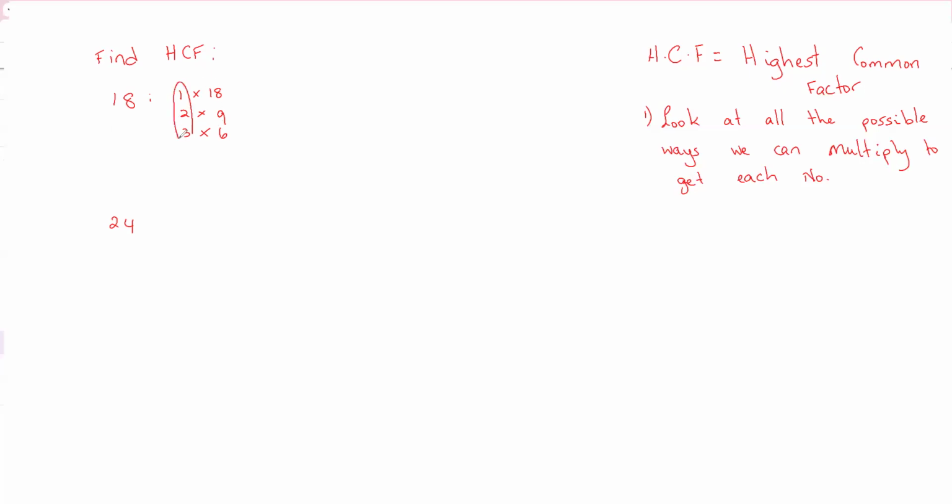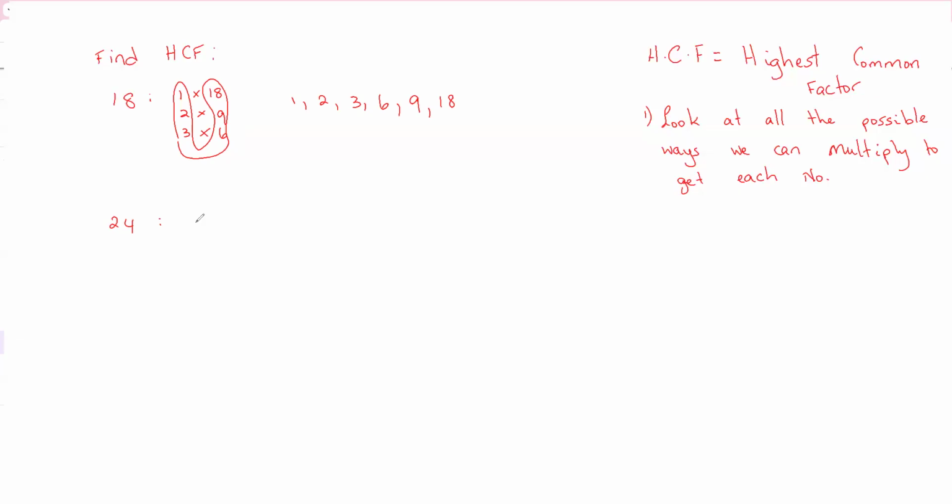So you realize it's going to form a loop of all the ways we can multiply to get that number. So 1, 2, 3, 6, 9, and 18 are all the factors that can divide into 18 without leaving a remainder.